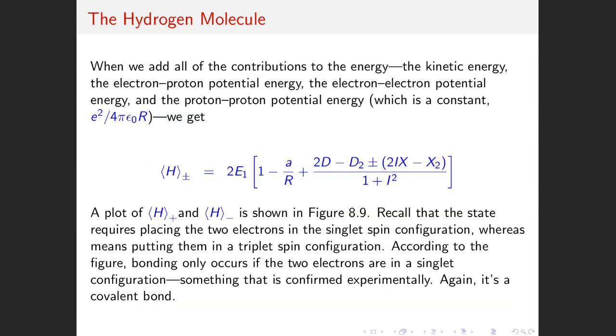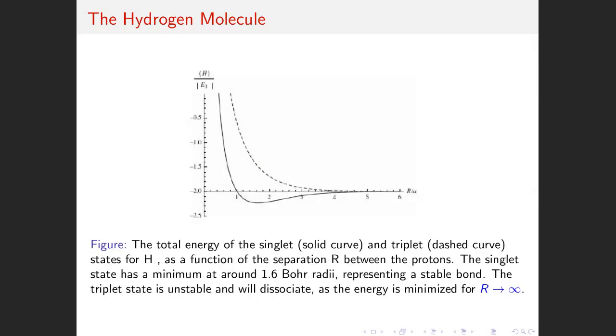Then you will find this function, because these functions are given in terms of X, which I think I called R over A. You can plot this thing, and for the plus or minus, you get that for one of them it's unstable, whereas the other one does have a minimum, and you can form a stable bound state.